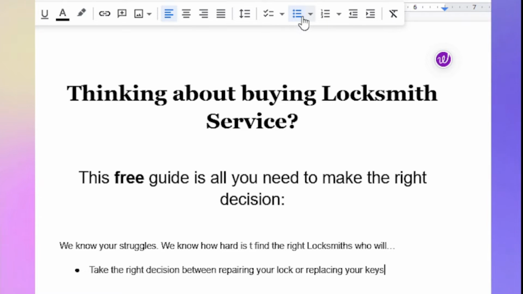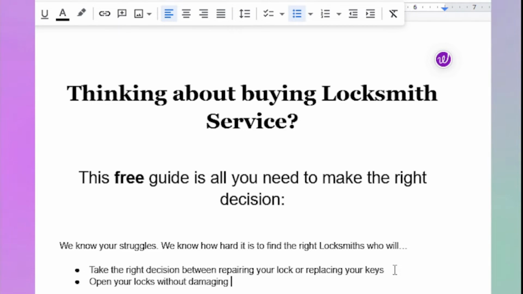We know your struggles. We know how hard it is to find the right locksmiths who will take the right decision between repairing your lock or replacing your keys. Okay, up next, open your locks without damaging the door.